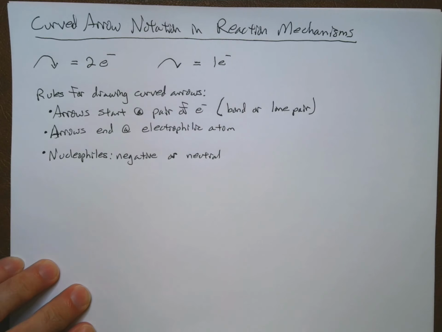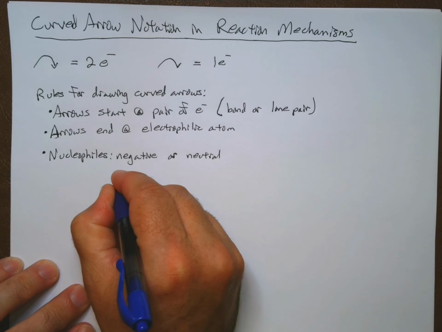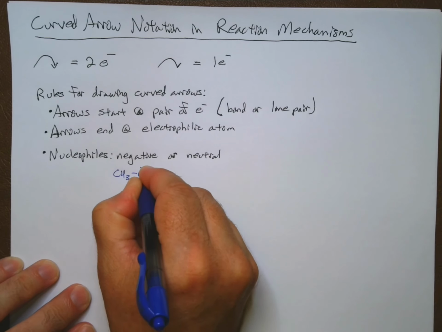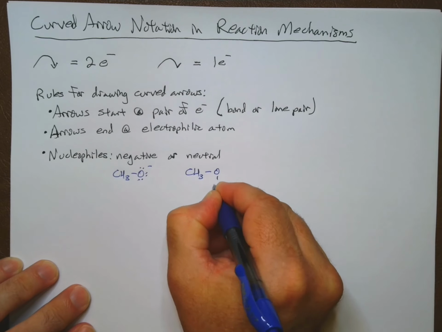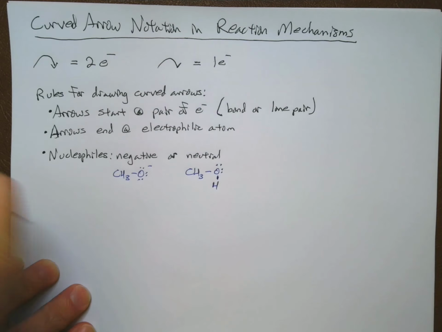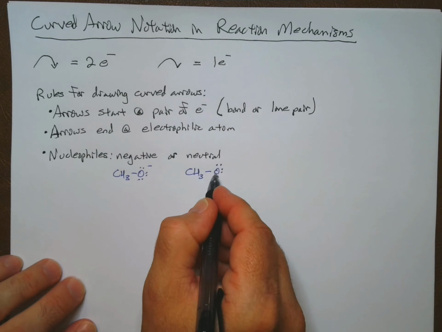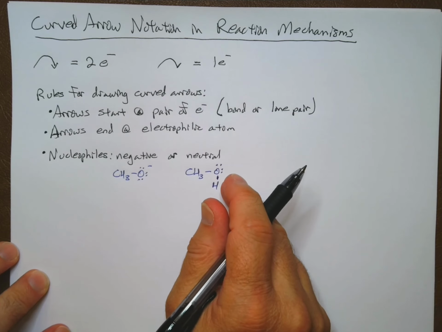An example of a negatively charged nucleophile could be something like methoxide. A neutral one could be something like methanol. Now, as you might expect, there's more electron density on the oxygen of the methoxide, so that'll be a stronger nucleophile than the methanol will. Methanol will be considered a weak nucleophile.